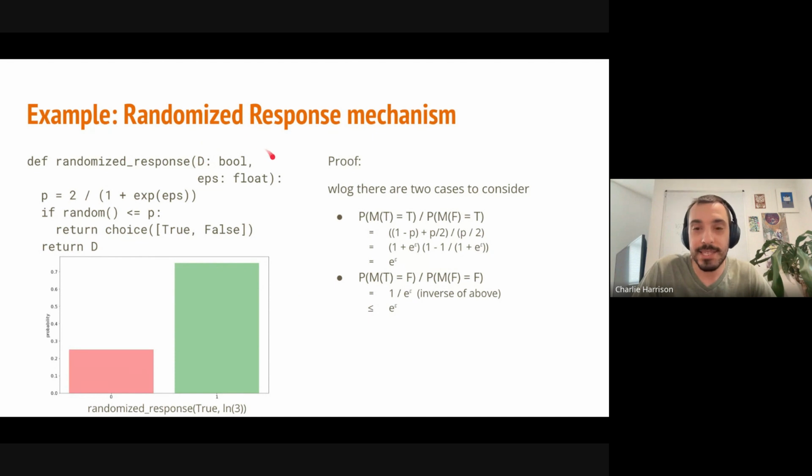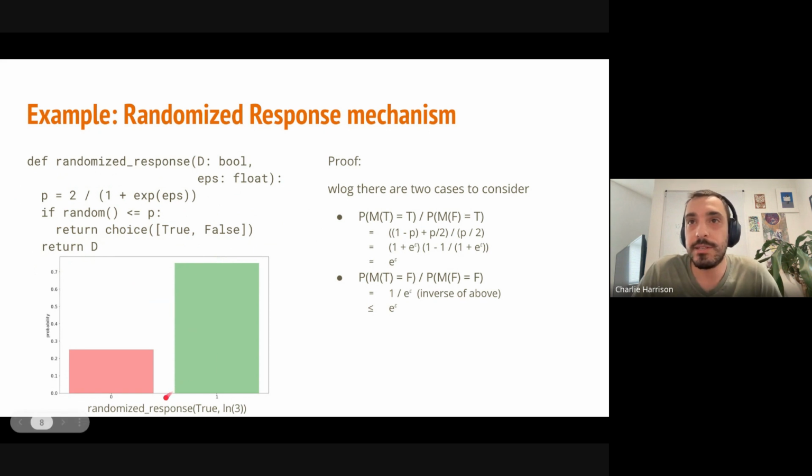We take in a data set, which is just a single Boolean because we're in the local DP regime, and we take an epsilon value. You compute this flip probability that's based on the epsilon parameter, and with probability proportional to p, you just output a random bit. Otherwise, you output the data truthfully.